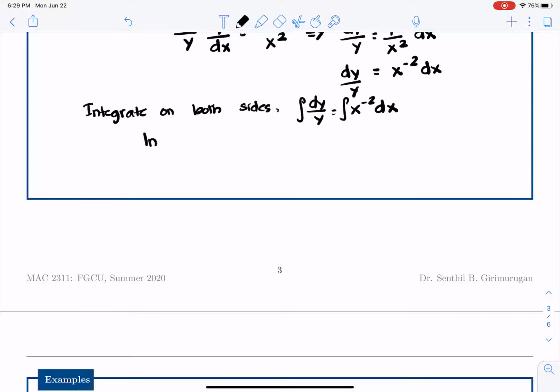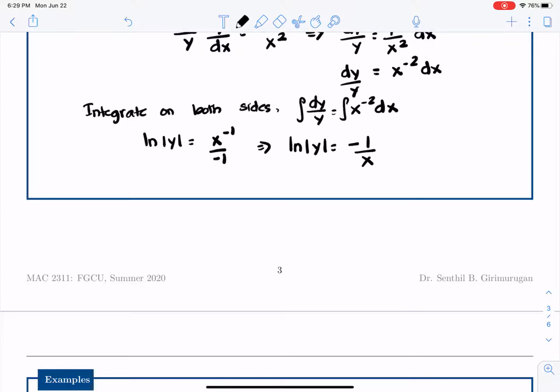So the left hand side would be ln of y. The right hand side is simply x raised negative 1 over negative 1. So ln of y would simply equal negative 1 over x.